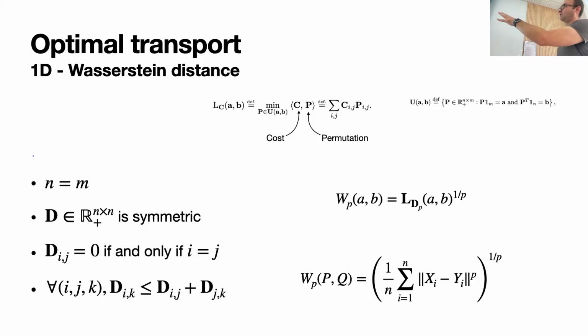We have to solve this LC, it's called the loss cost function. And these are some mathematical concepts. I'm not going into it. Our goal is to find this permutation matrix. Which permutation matrix? This means how should I shovel the sand with the minimal cost?